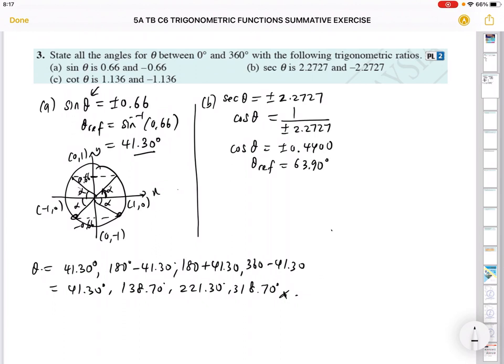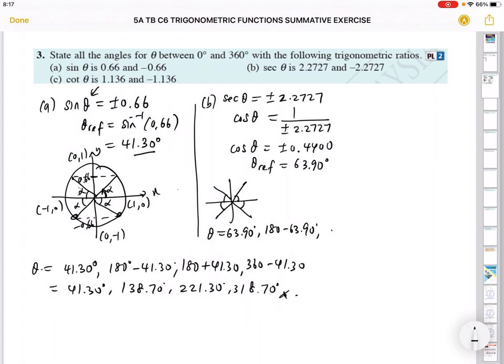And again, similar to sine earlier, here we are finding all 4 possible angles. Now, if you use the unit circle, we know cos is positive in quadrant 1 and 4. But because of the plus minus, we have to consider quadrant 2 and 3 as well. So here your theta will be the first answer, 63.90, quadrant 1. Quadrant 2 is 180 minus 63.90.